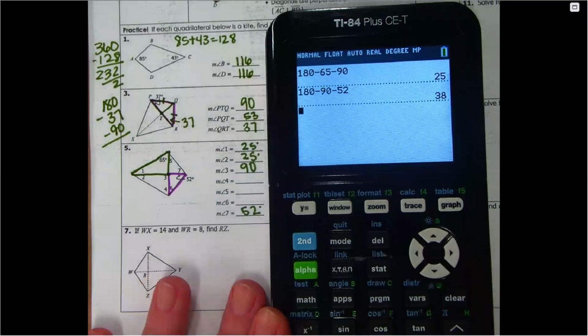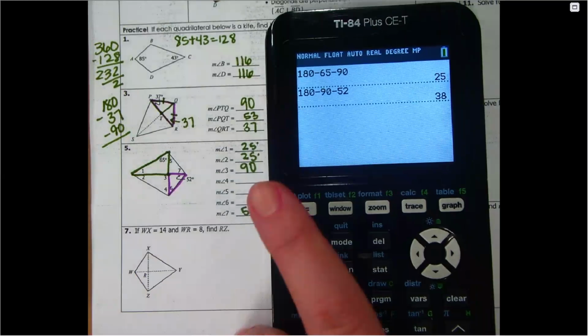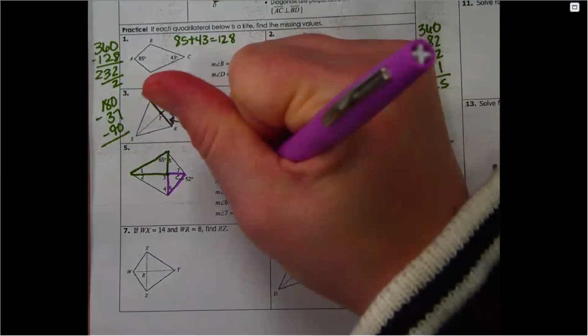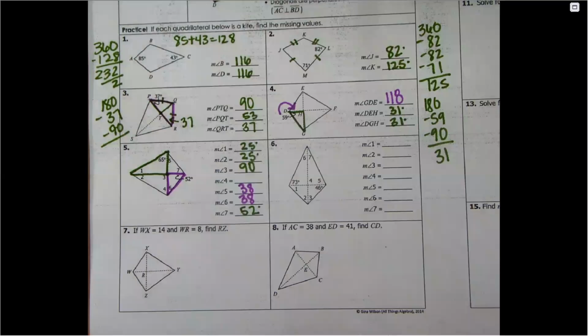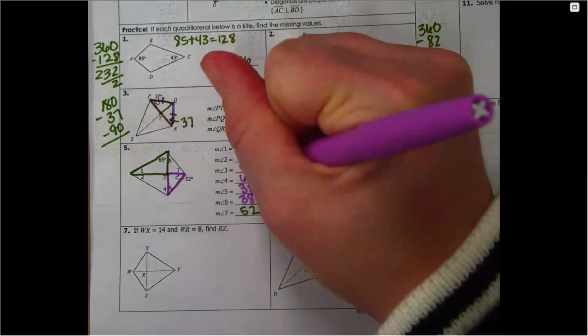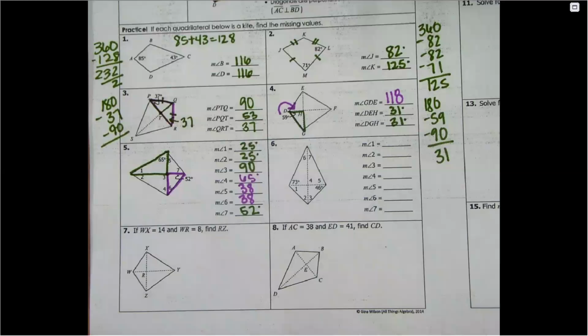Who's 38? 5 and 6. So the only one we haven't found is angle 4. What's angle 4 going to be? Yeah, it's going to be symmetric to that 65. It's going to map onto it, so it is also going to be 65.